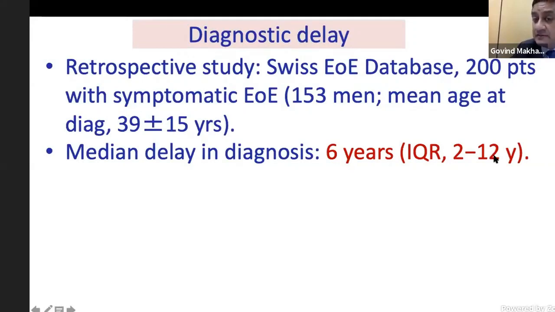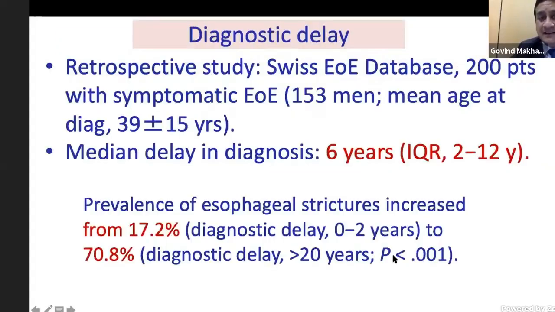And what is the effect of that? The effect is that among those who had a delay of 0 to 2 years, only 17% had esophageal stricture. But when the diagnosis was delayed by up to 20 years, the majority of patients had stricture.